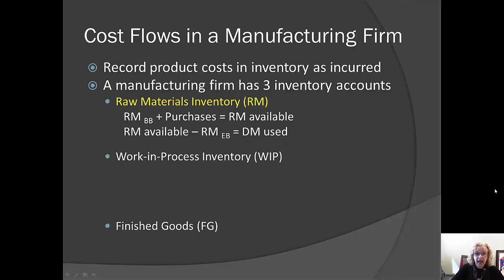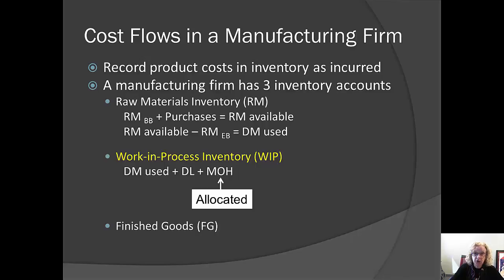Now let's take a look at the work in process inventory. We know that we have 3 factors of production: direct materials, which can be traced because we know how much we used, and direct labor, which can be traced because we know what our workers were working on during the period, and manufacturing overhead, which we can't trace.